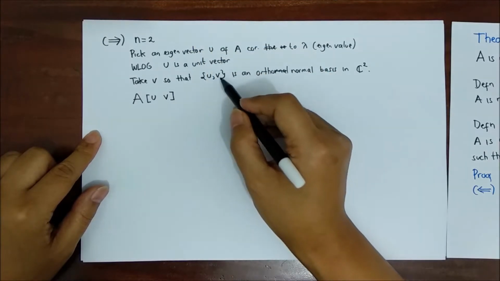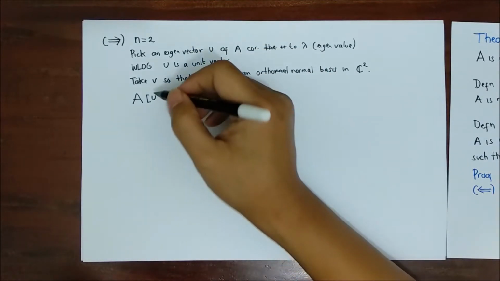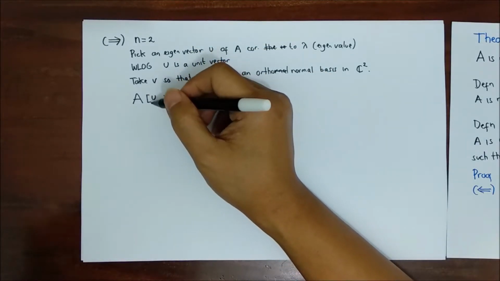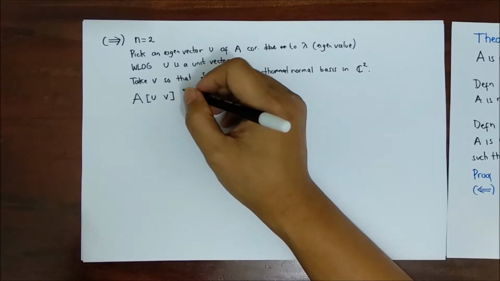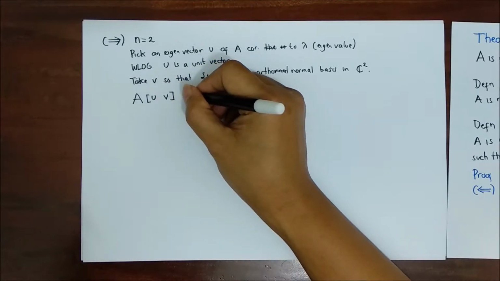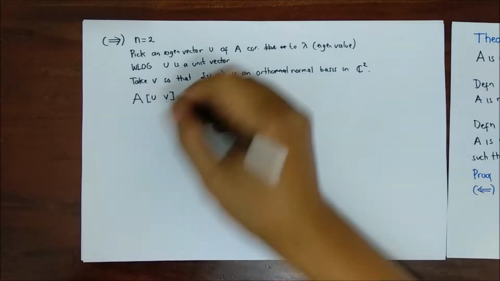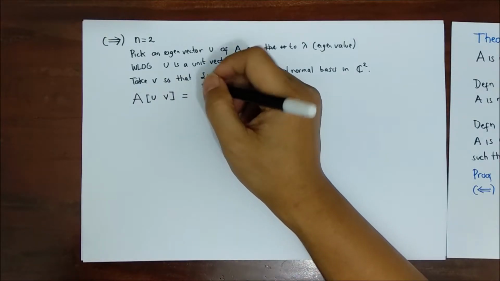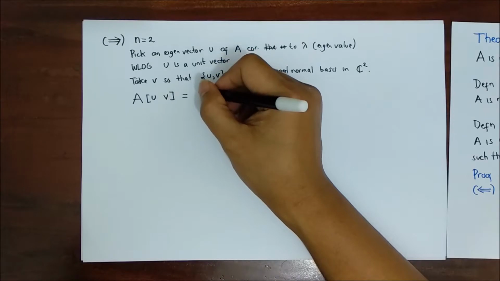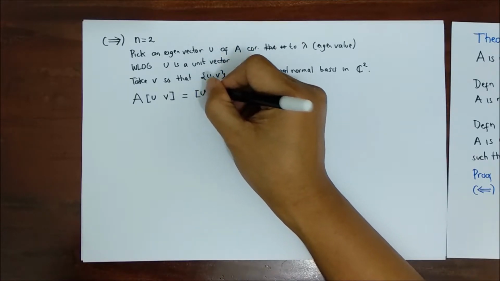Because u, v is an orthonormal basis, this matrix is unitary. And then we want A times u to be equal to u times some diagonal matrix.